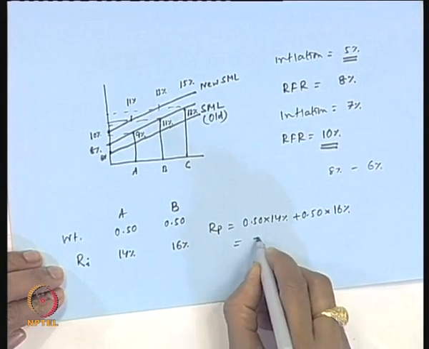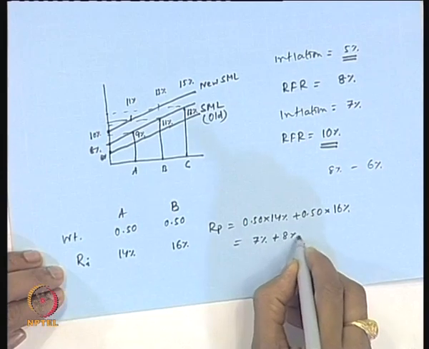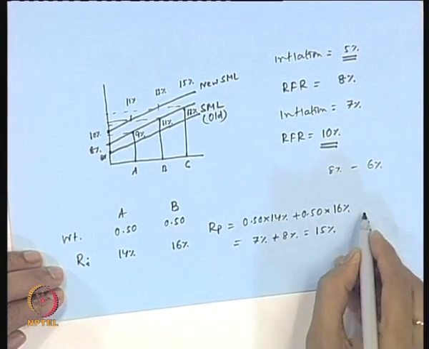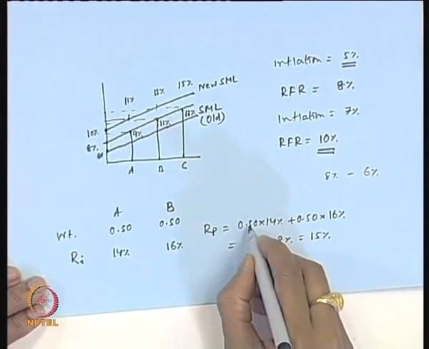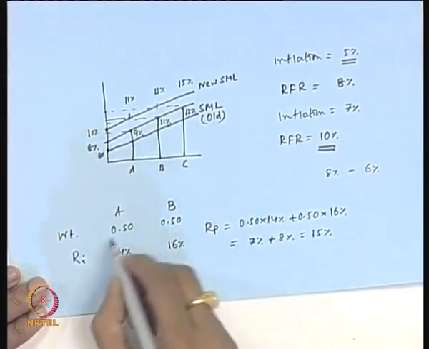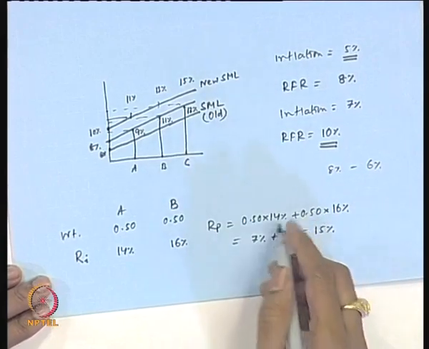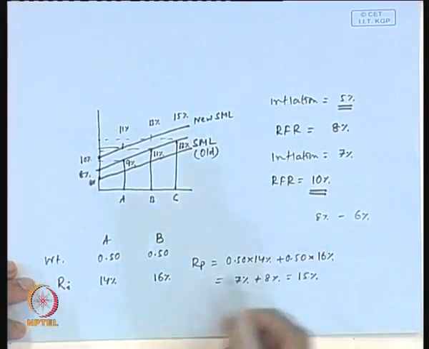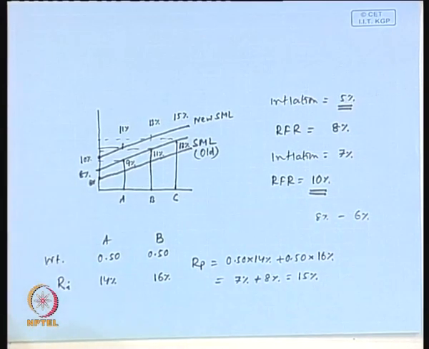So, that gives us 7% plus 8%, that gives you 15% return on the portfolio, between 14 and 16% now. So, if the weights change from 50-50 to 40-60, accordingly portfolio return is also going to change. So, this is only a two asset scenario. You can have n number of assets, and obviously for n number of assets we need to have the weights of the different assets as well as the return expected from the different assets as such.